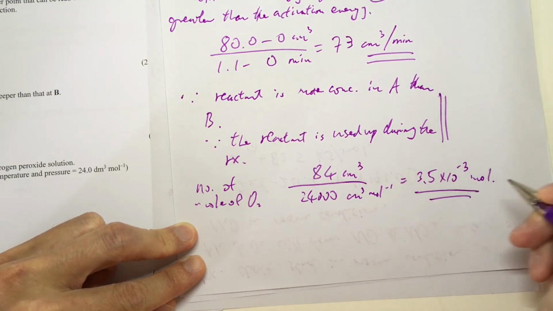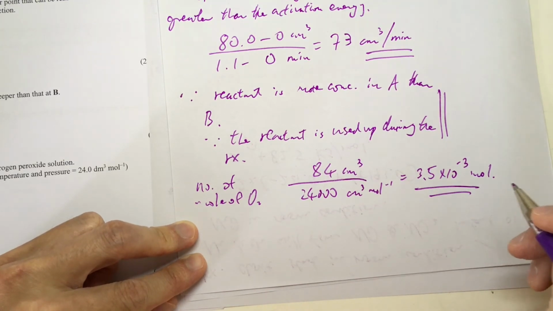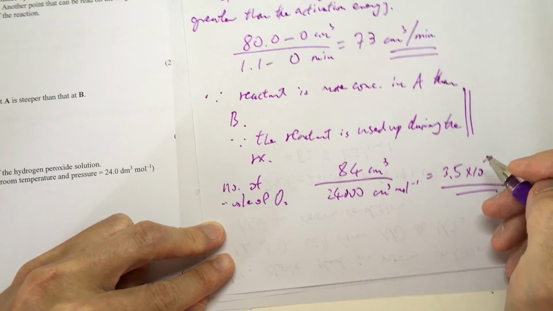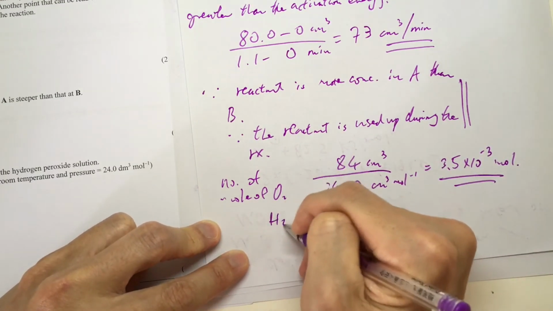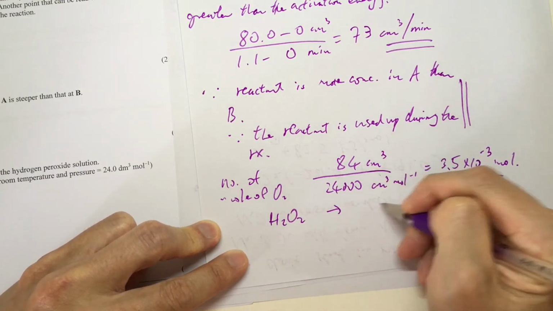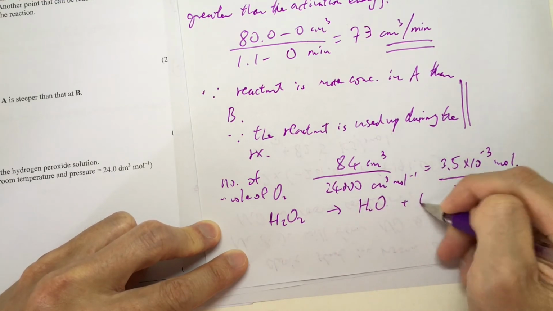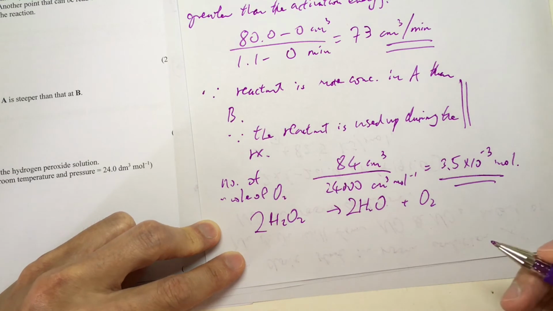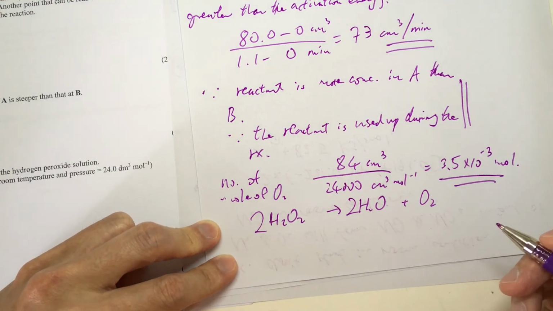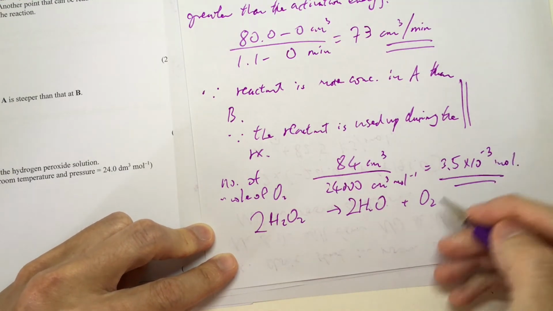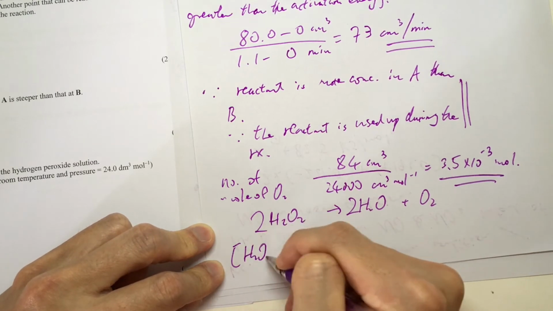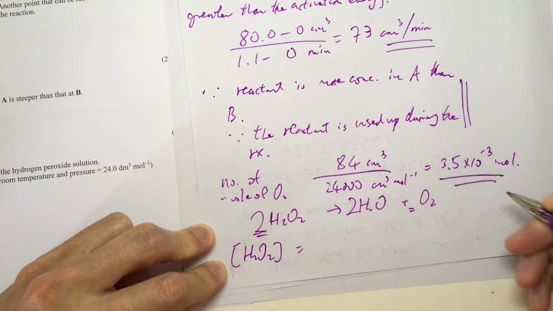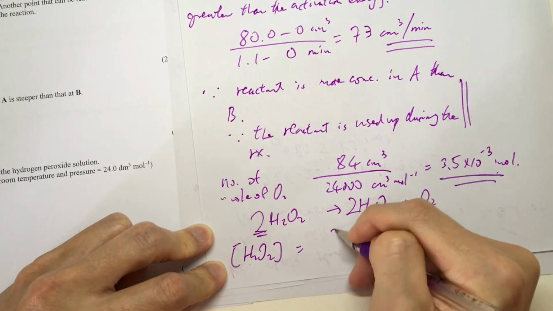Okay, actually in the final stage we get this amount of O2, but what you need to emphasize is the equation: H2O2 becomes H2O and O2. You need to balance the equation like this. Okay, so the number of mole of H2O2 will be double the amount of the oxygen's mole.